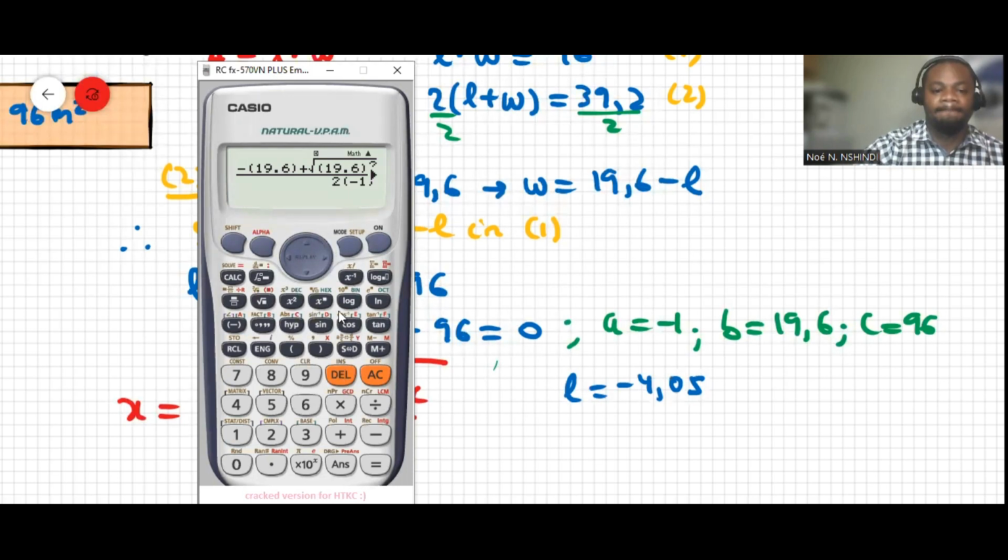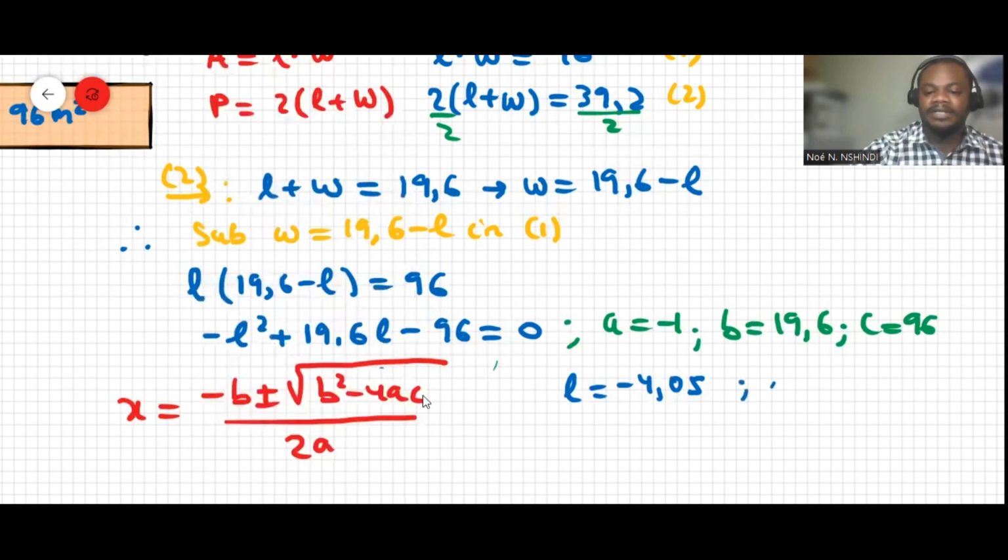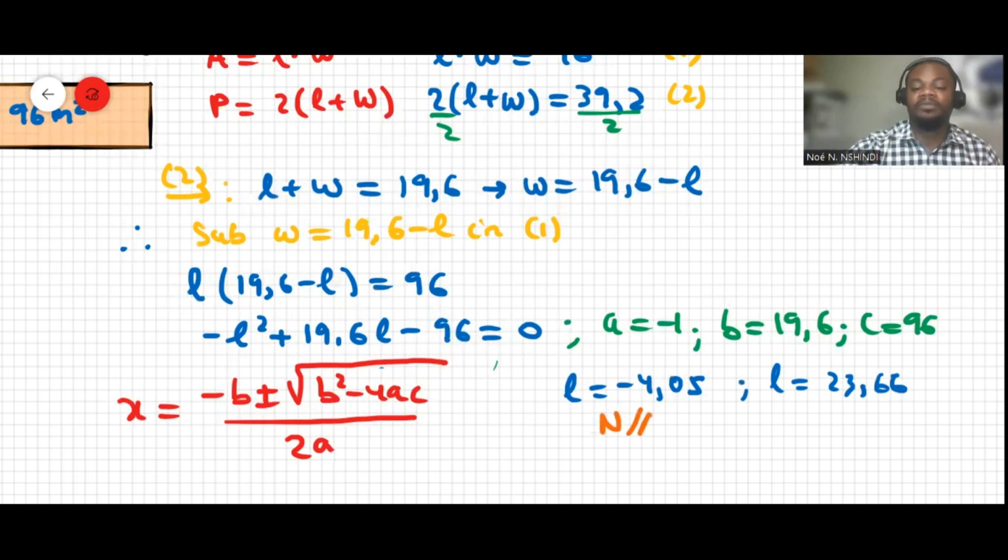over here, this means that L equal to 23.66 meters. Now, the negative answer here is not applicable because the length cannot be negative.